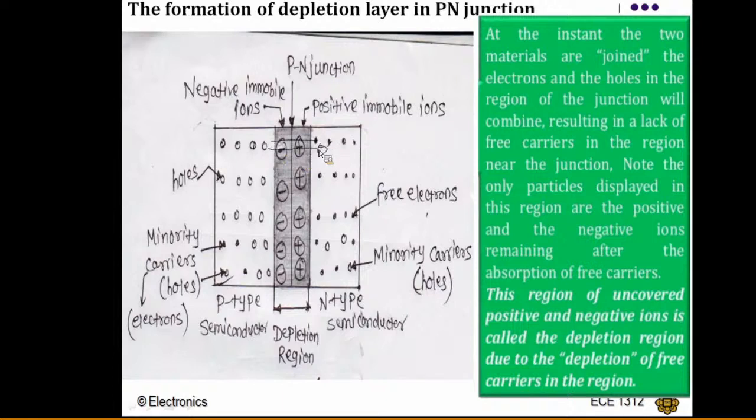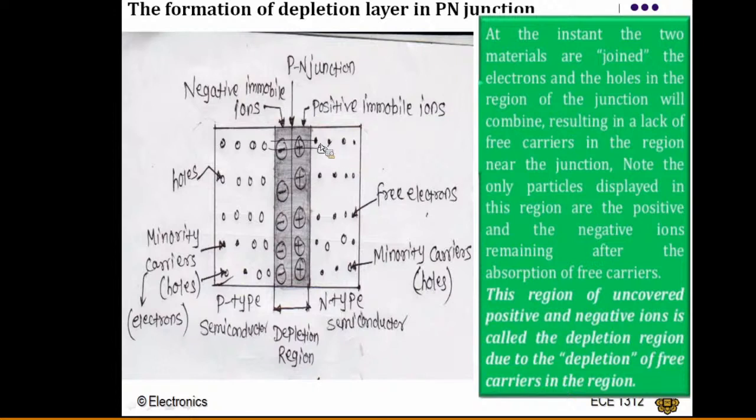This electron cannot move to this area because it does not have enough energy to cross the junction and enter the p type, and this hole does not have enough energy to enter the n type material.